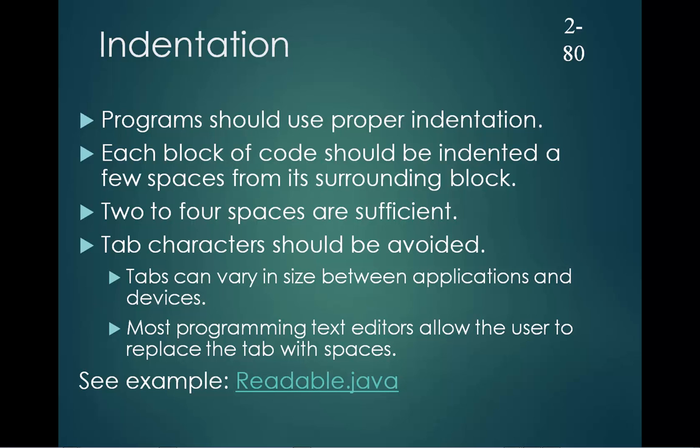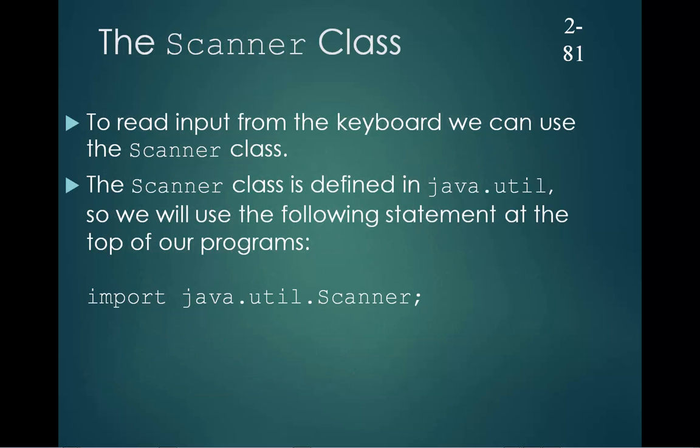We also use indentation to demark parts of the programs. Blocks of code as they are created in a program are indented to show that they are inside of other blocks of code. We'll be seeing a lot of examples of that.